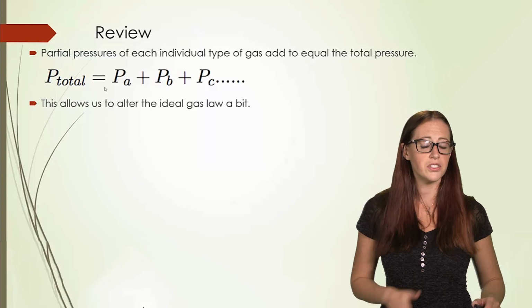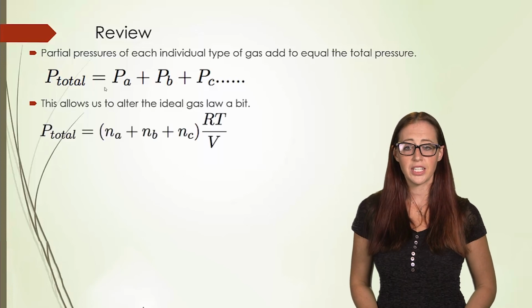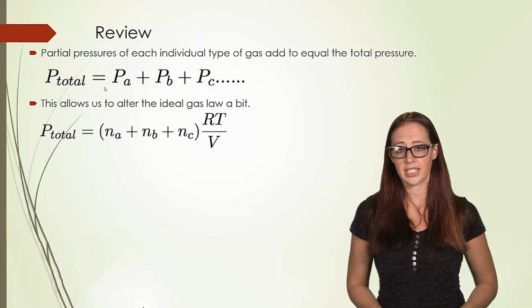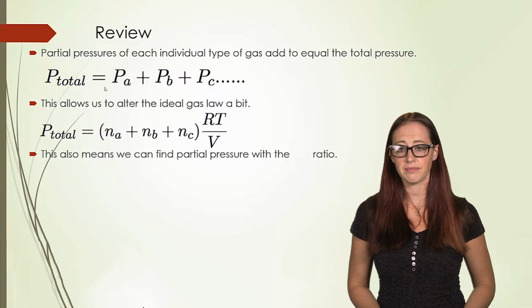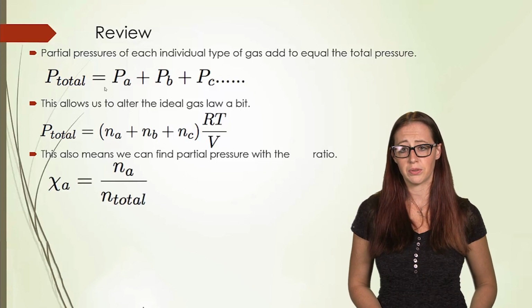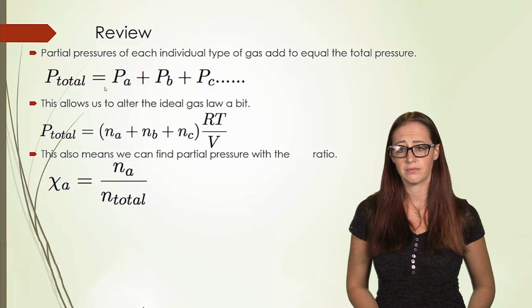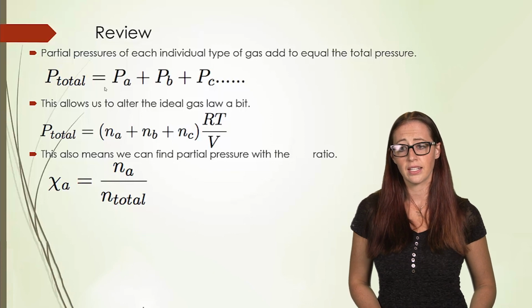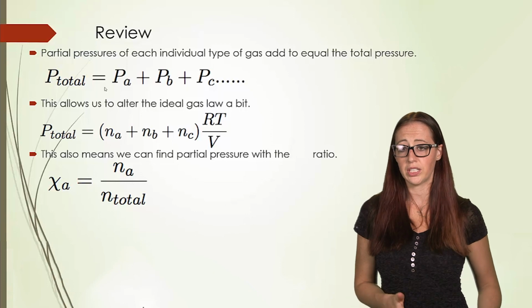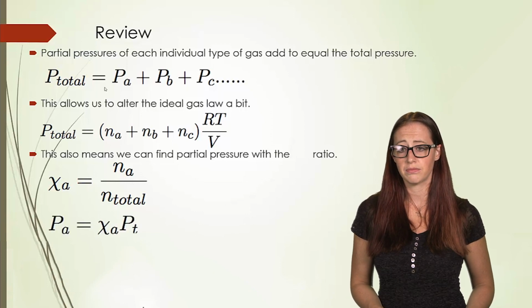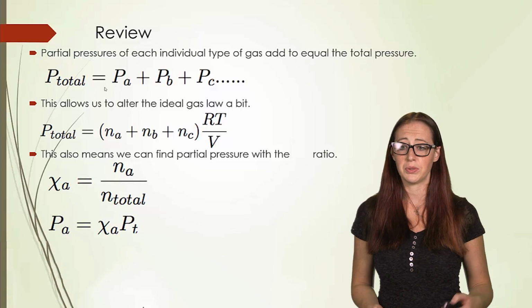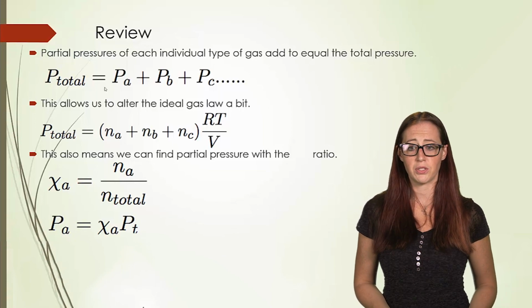This allows us to alter the ideal gas law a bit into P is equal to all of the moles added together times RT over V. This also means that we can find the partial pressure with the mole ratio by using chi is equal to the moles that we care about, that we're looking for, over the n total. And that the partial pressure is equal to the mole ratio times the total pressure.